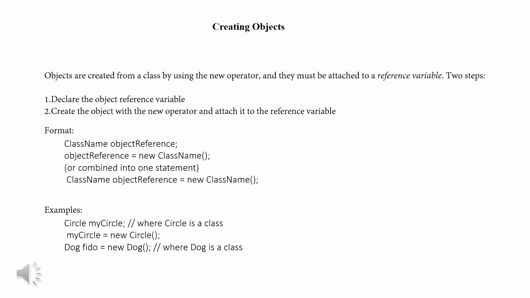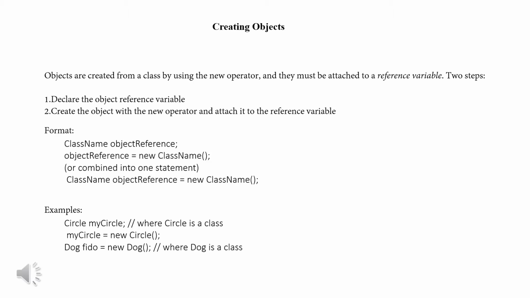Okay, now you already know that everything in Java is a part of class, right? So first, we will define a class. The next step will be creating the object. So let's see what is exactly an object and how we can create the objects.